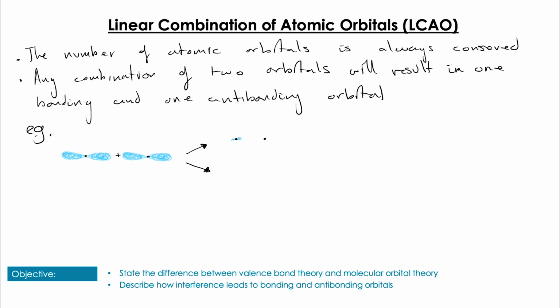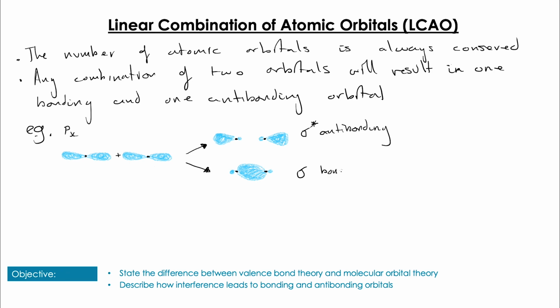Well, in the case of the anti-bonding orbital, we're going to have very little electron density between the two atoms and electron density facing in the other direction altogether. In the case of the bonding orbital, we're going to create a molecular orbital that has a lot of electron density between the nuclei. So that's the bonding orbital.